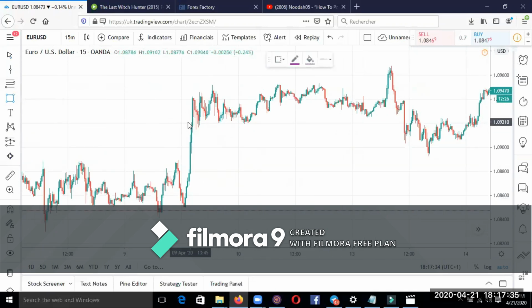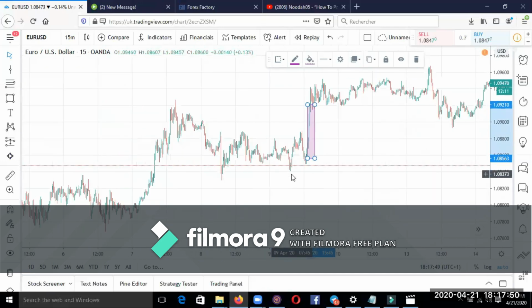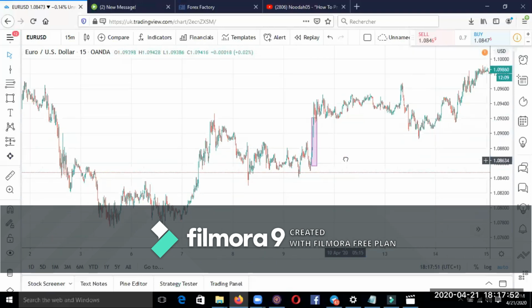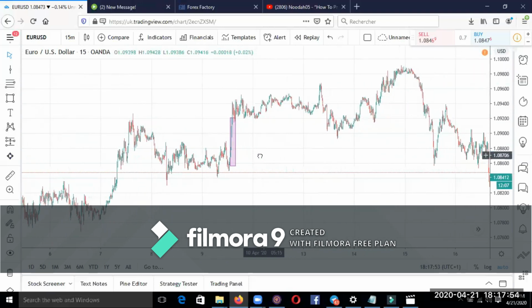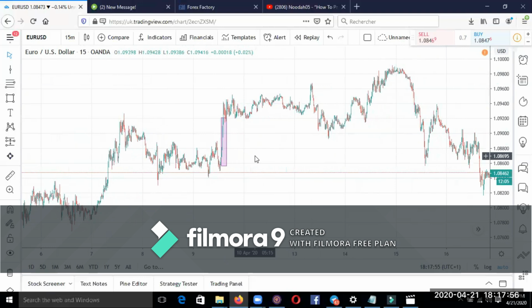This is what they call a fair value gap. When you see the market moving up all of a sudden like this, without any retracement of bearishness, that's what they call a fair value gap. And 9 times out of 10, you see the market coming back to fill it. It might not happen real quick, but one thing's for sure, it's always going to come back to fill that area.